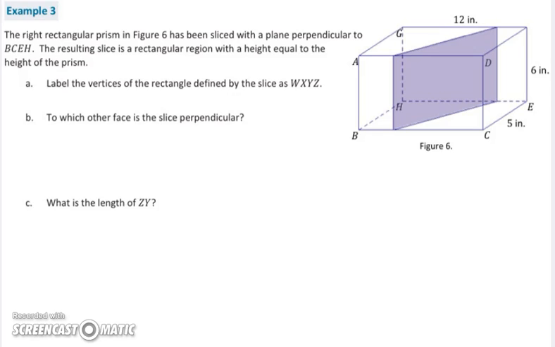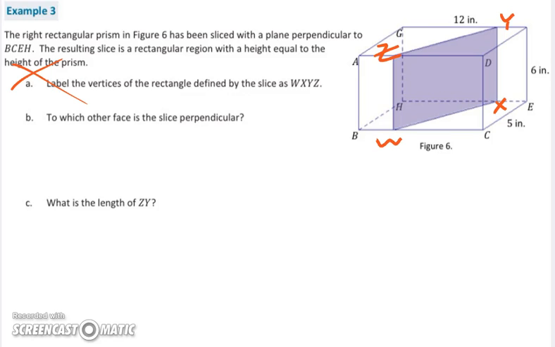Like we talked about in our last video and in class, all it's asking is to label the vertices. That's it, label the corners. So I'll start right here: W, X, Y, and Z. That's all it asks for that first part. So we just did part A. Let's slice it away.